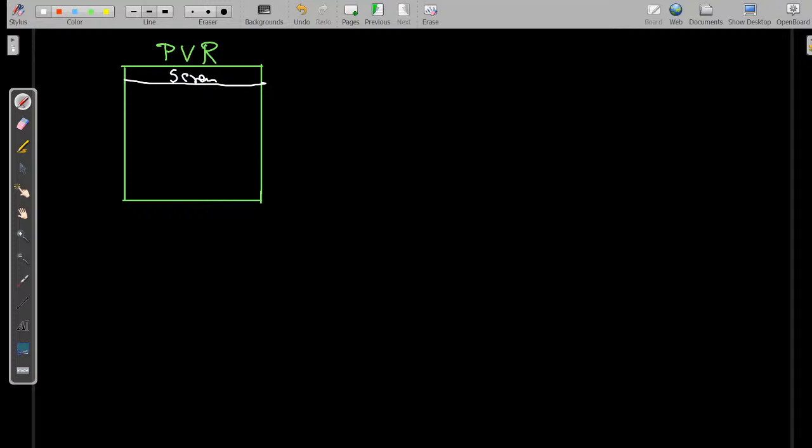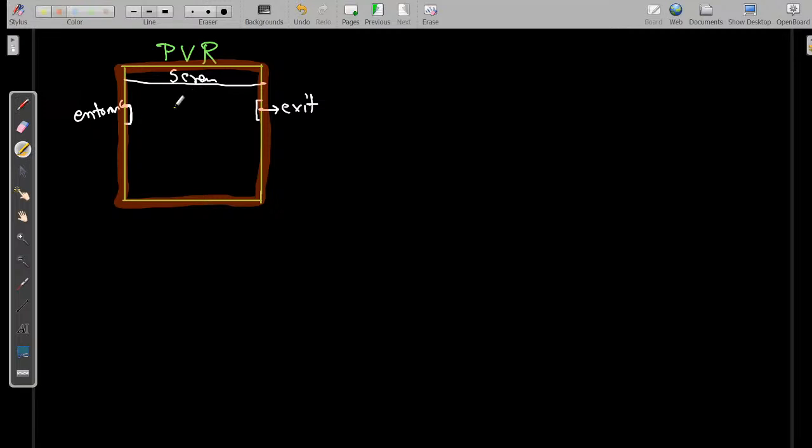Now all the PVRs have reopened, so you can relate. This is your entrance gate and this is your exit. I am considering this whole hall as my system.